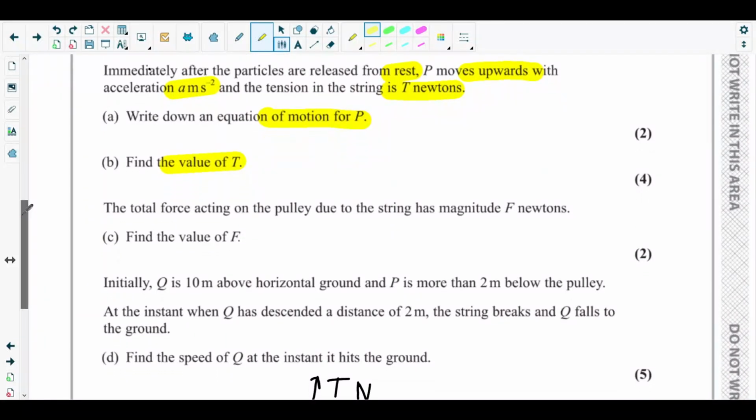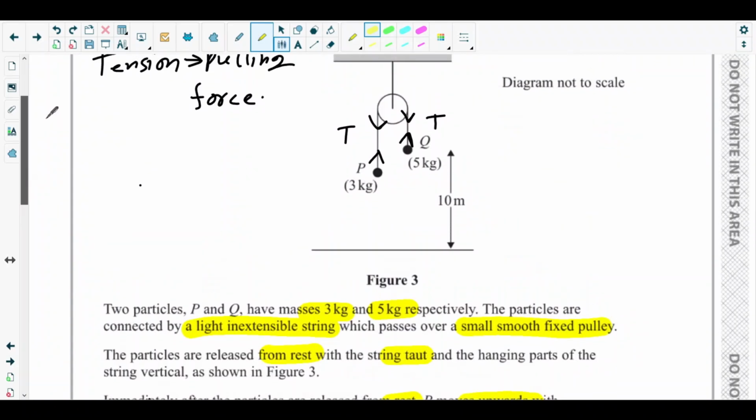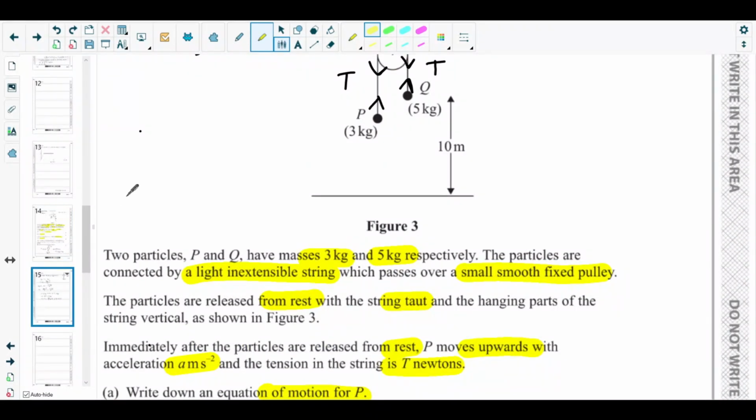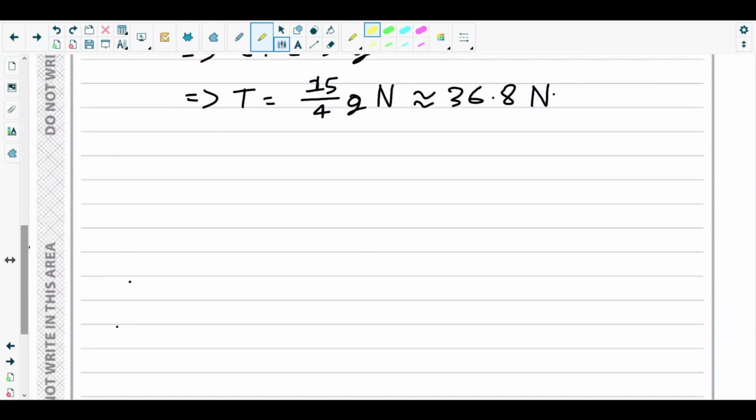Okay, next is part C. Part C is saying that the total force acting on the pulley due to the string has magnitude F newtons. So C is asking to find the value of F. We need to find out the magnitude of the force acting on the pulley. If you consider the pulley, what are the forces acting?